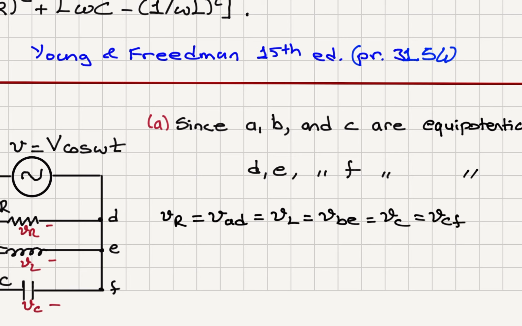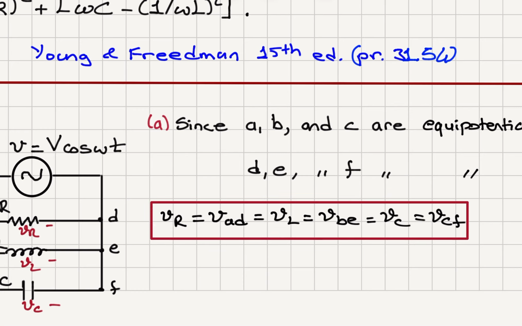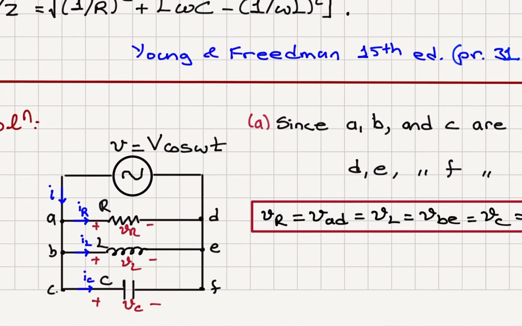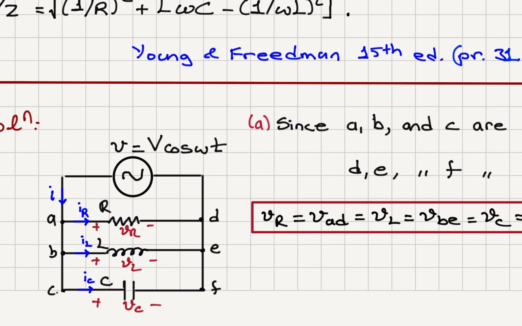Because A, B, C and D, E, F are equipotential points, the voltage between A and D is equal to the voltage between B and E, and is equal to the voltage between C and F, which is V sub R equals V sub L equals V sub C.